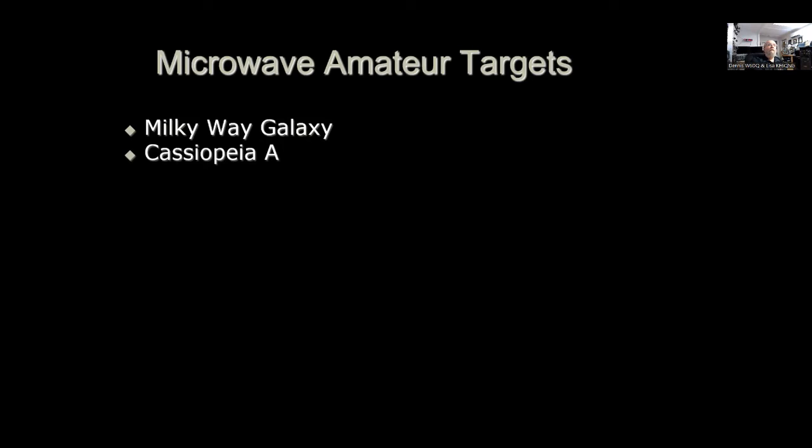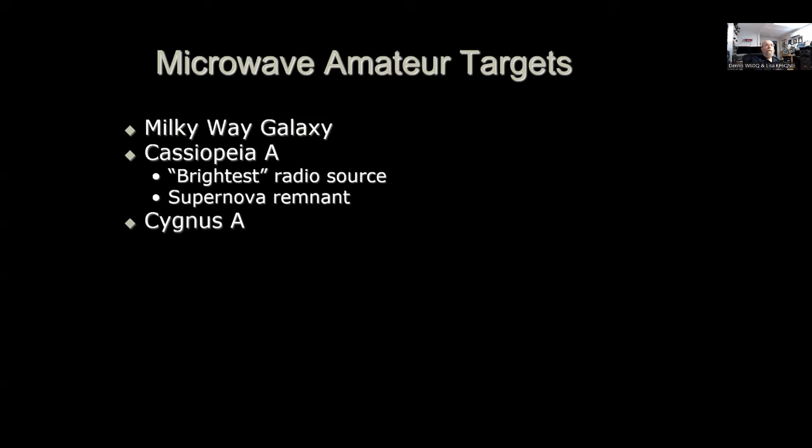Cassiopeia A is the brightest radio source in the sky, except for the sun. The sun really is the brightest radio source, but Cass A is actually very bright, and a hydrogen line telescope will easily pick this up. It's a supernova remnant. Another interesting one is Cygnus A, Cyg A. This is what they call a radio galaxy.